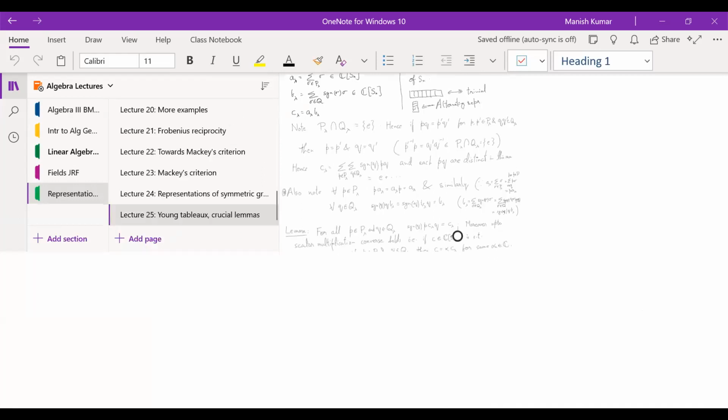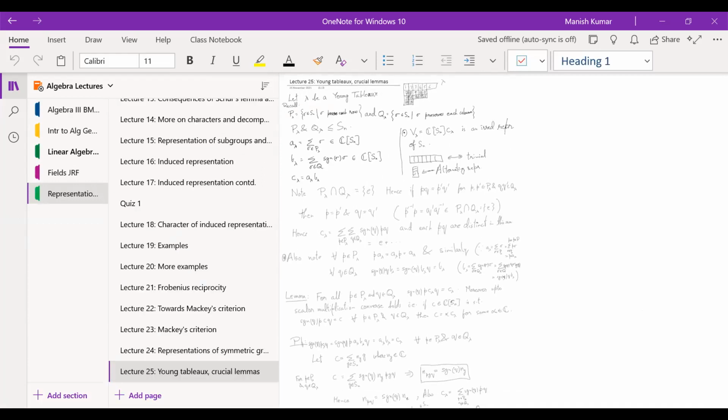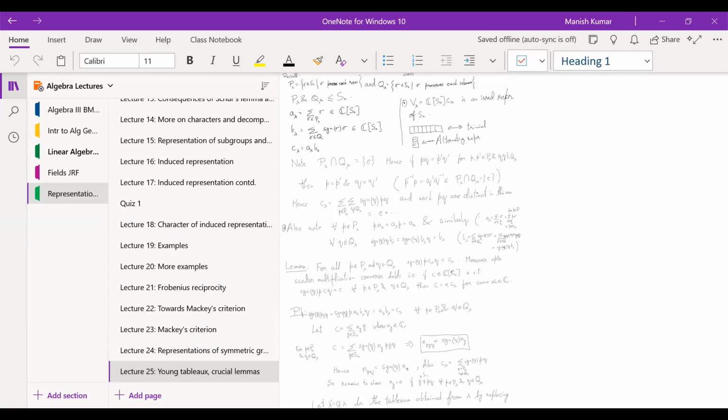The lemma was: if P belongs to P lambda and Q belongs to Q lambda, and C is some element of the group ring such that PCQ is sign of Q times C, then C is a scalar multiple of C lambda. It's an if and only if, but the forward direction is straightforward. The converse was more difficult.